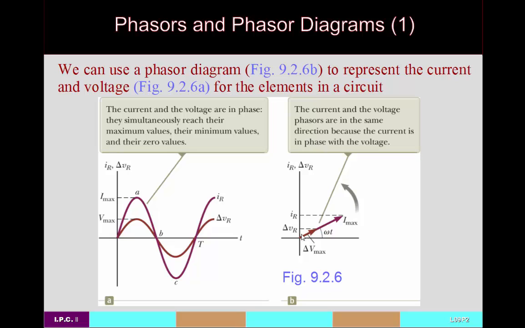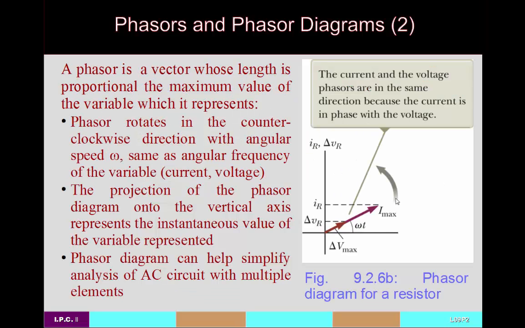For the resistor, the diagram is almost uninteresting in that both point along the same direction because they are in phase, and so they both rotate together through the same angle theta equals omega t. So again, a phasor is a vector whose length is proportional to the maximum value of the variable it represents, be it the voltage or the current.